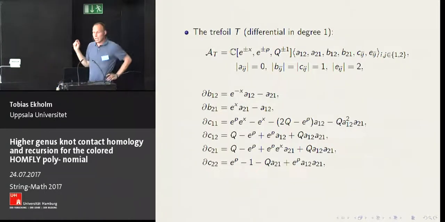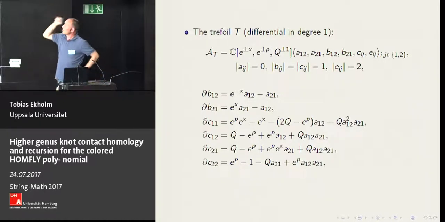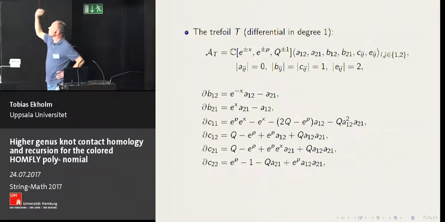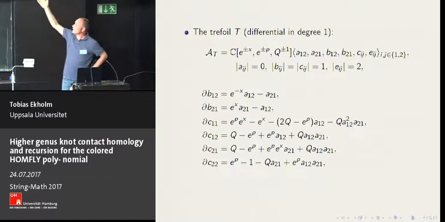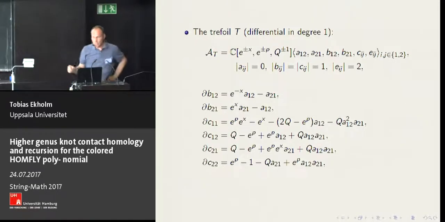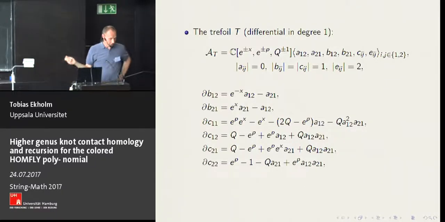So here, what we are supposed to do is think of this e to the x, e to the p, and q as numerical values. Now we're supposed to assign numerical values to the a12, a21 in such a way that all these equations are 0. So in other words, we are looking at the problem of finding common roots for all these equations, and that's a problem that's solved by elimination theory, right?